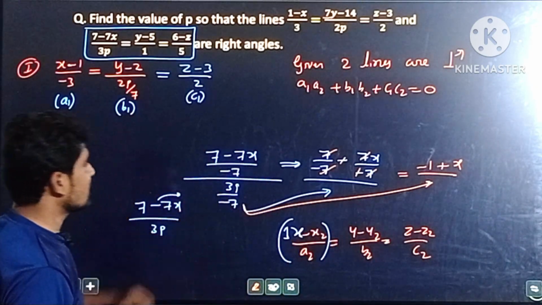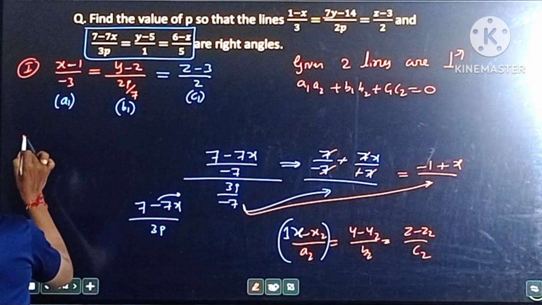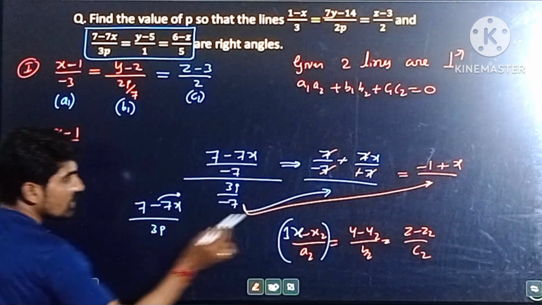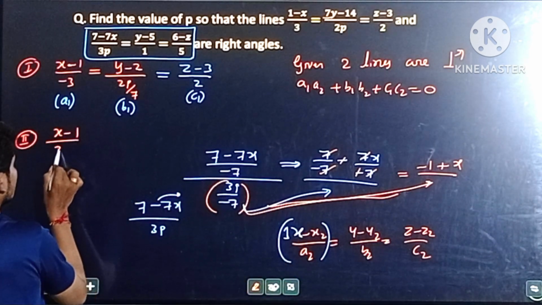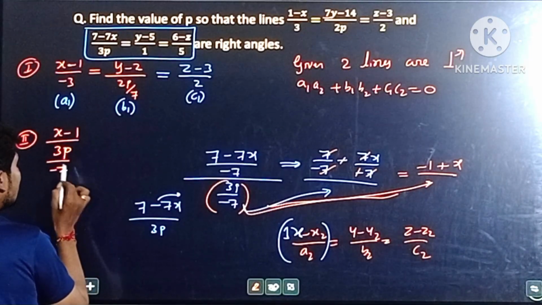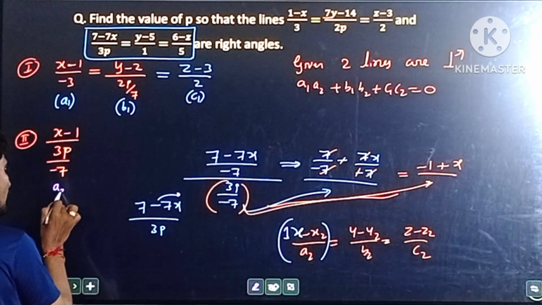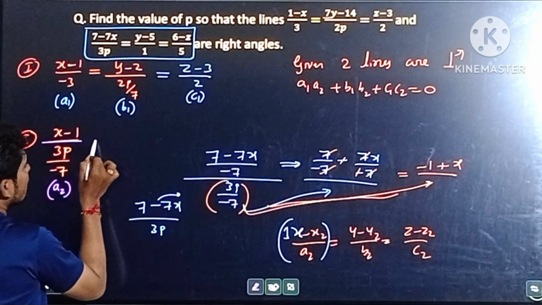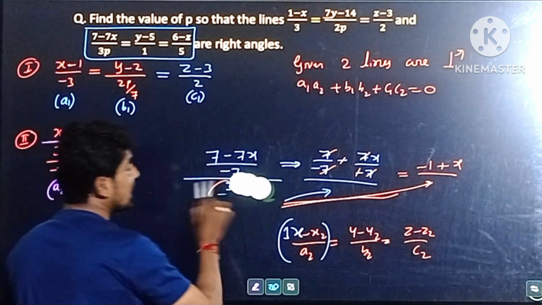Therefore the first term of the second line, minus 1 plus x, can be written as x minus 1 divided by the denominator, 3p divided by minus 7. So by comparing with the standard form, we get a2 equal to 3p by minus 7.